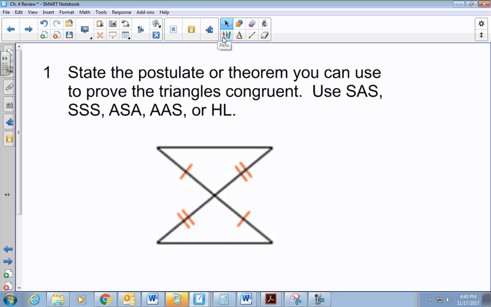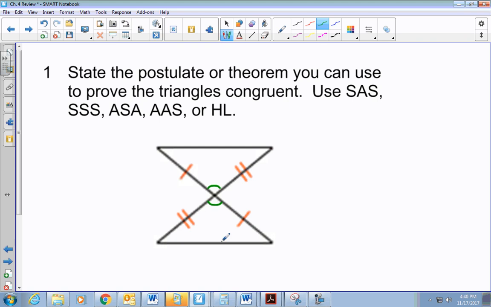When we see a bow tie, we want to automatically look for these vertical angles right here. Another way to think of it is if it makes an X, with X is TUV. So V for vertical angles, and vertical angles are congruent.